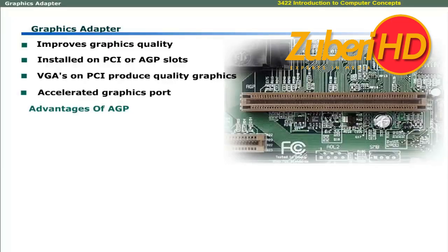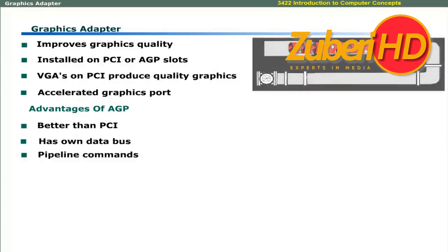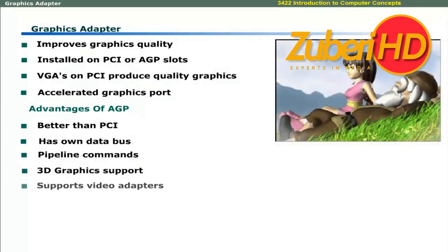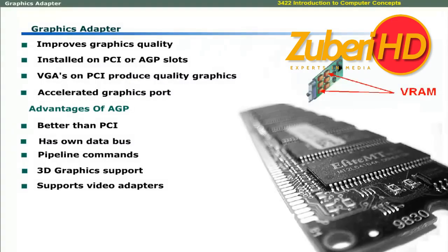AGP has many advantages over PCI. AGP has its own data bus for transferring data, and it can pipeline commands like a CPU. In addition, AGP can handle 3D graphics and supports video adapters with built-in video RAM. It also shares random access memory for better performance.